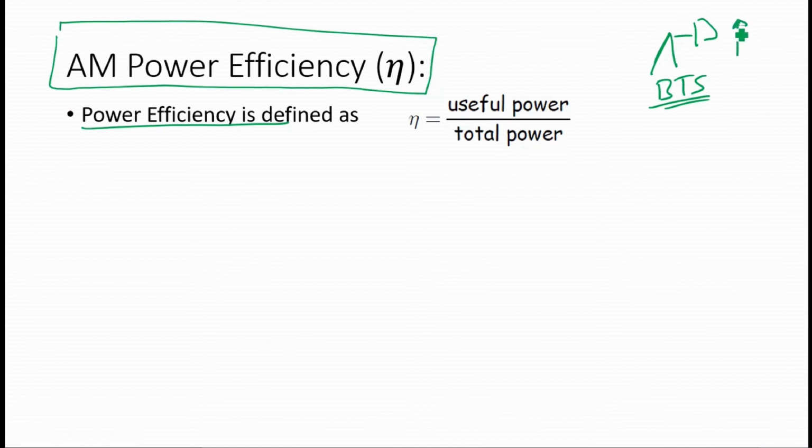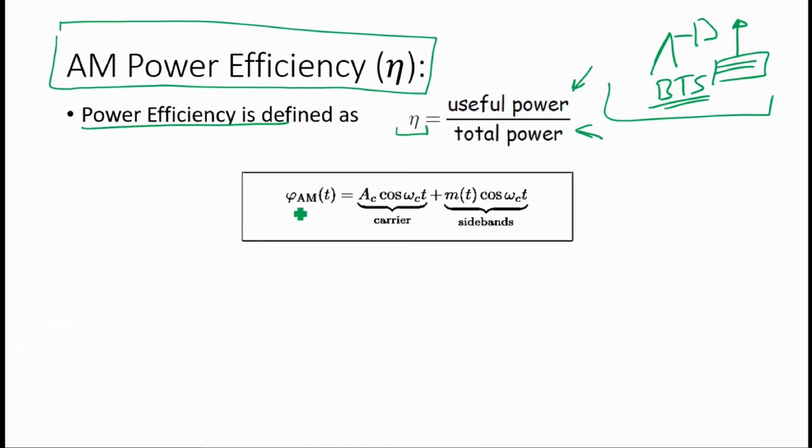How much power do we actually need to give, and is the amount of power that we are giving wasteful or useful? How efficient is our overall system? So this is basically a metric that we define, which is eta, and this deals with the useful power over the total power, right?